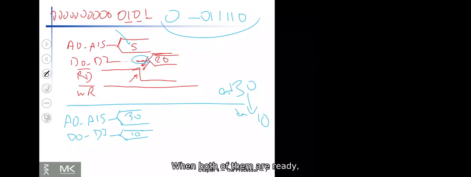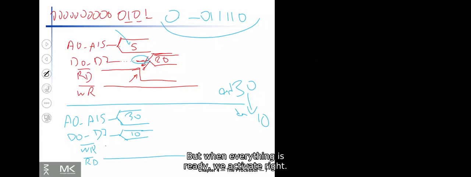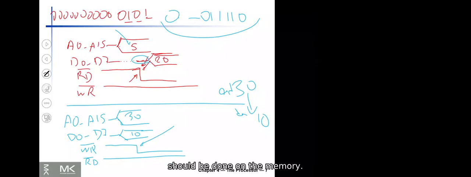When both of them are ready, address is ready, data is ready, then read is inactive, so it is 1. But write, when everything is ready, we activate write. With this activation, memory finds out that a write operation should be done on the memory.